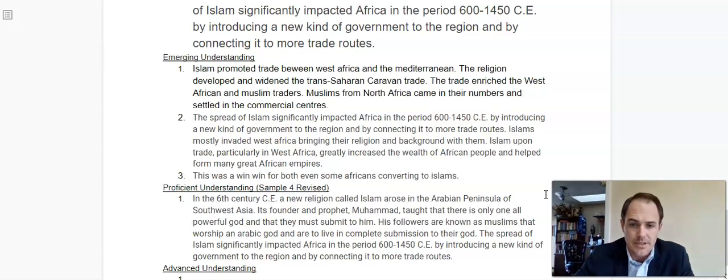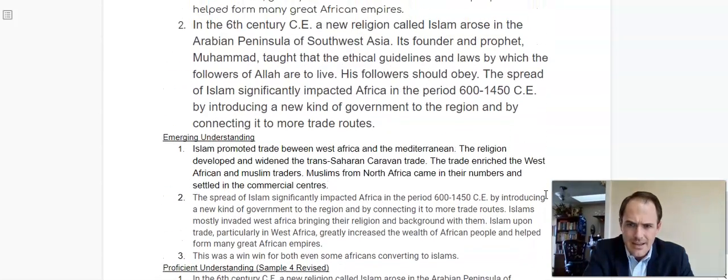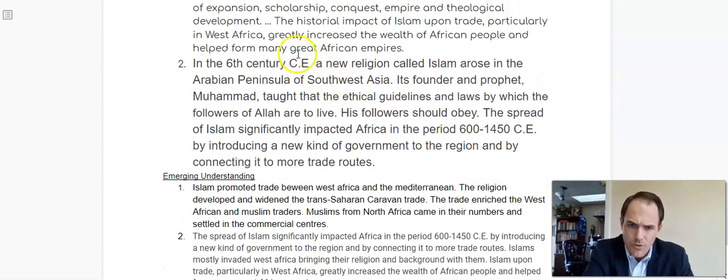Islam, upon trade, particularly in West Africa, greatly increased the wealth of African people and helped form many great African empires. This was a win-win for both, even some Africans converting to Islam. Yes, though I will note this phrase greatly increased the wealth of African people. This other student, word for word, included it up here.